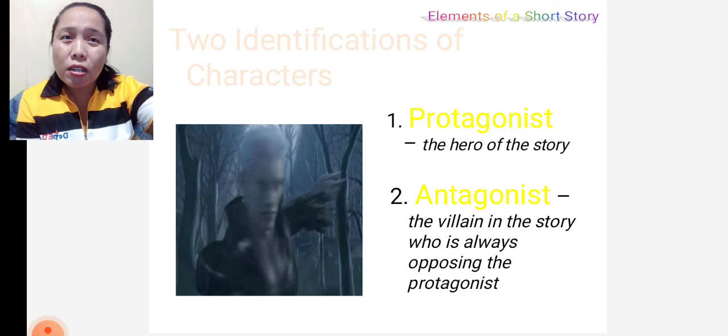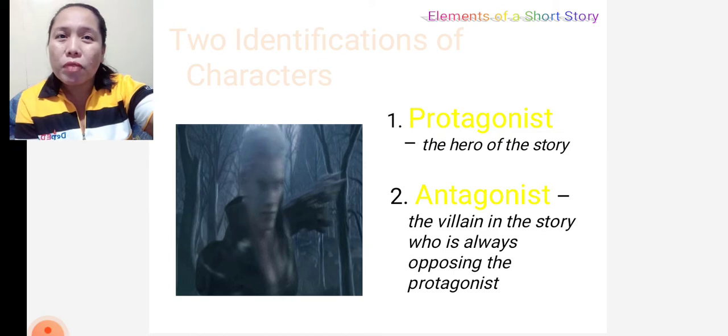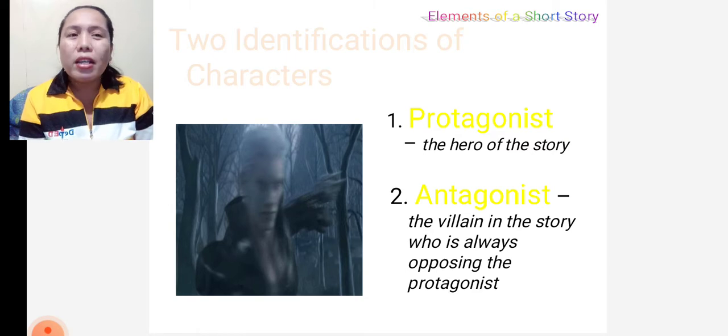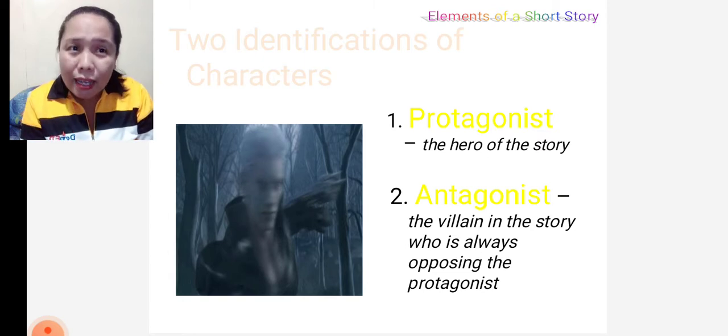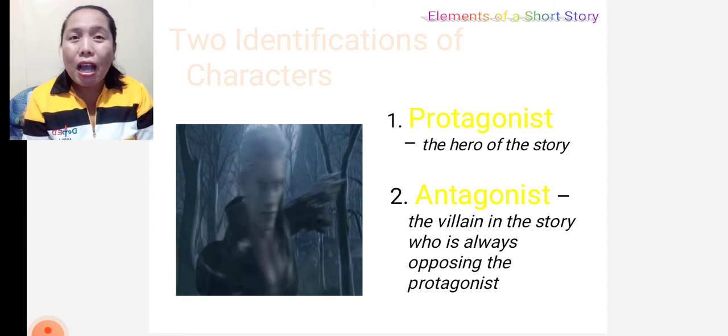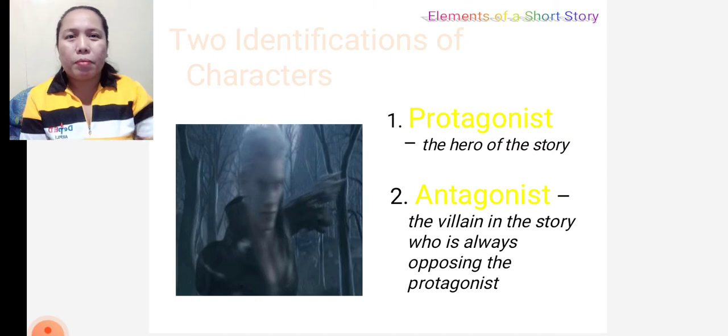So, get nyo? So, again, what are the two identifications of characters? So, the protagonist and the antagonist. In Bisaya, ang protagonist mao ang bida, ang antagonist ang kontra bida.